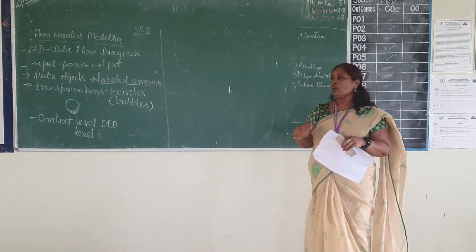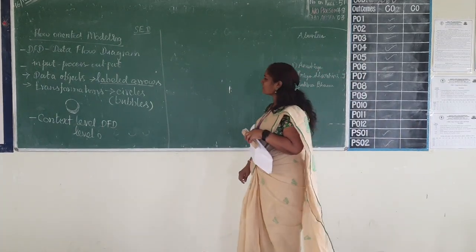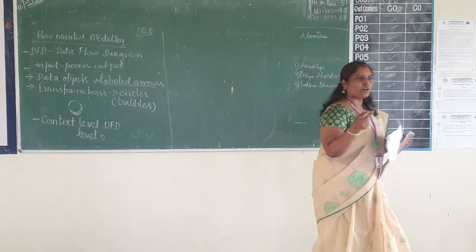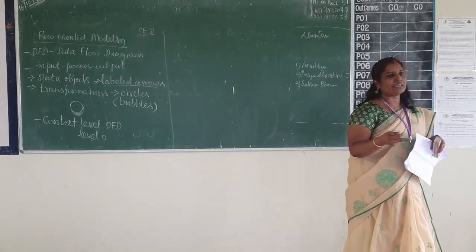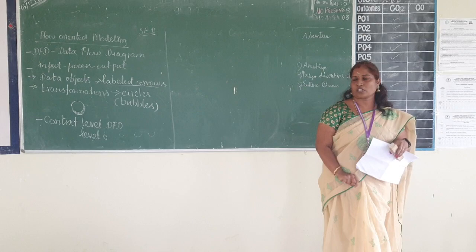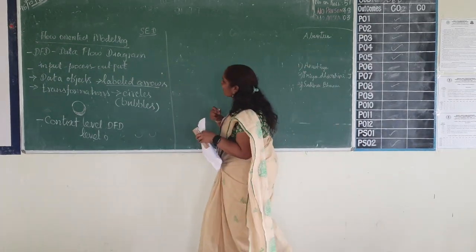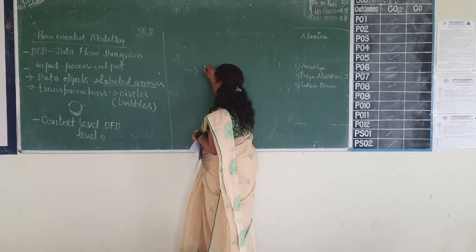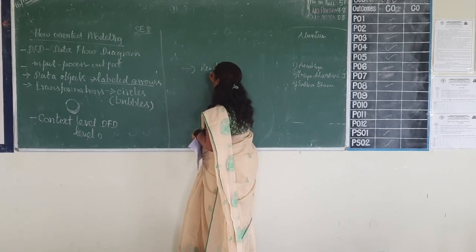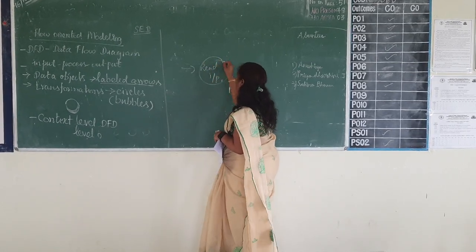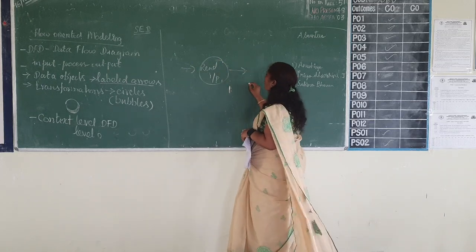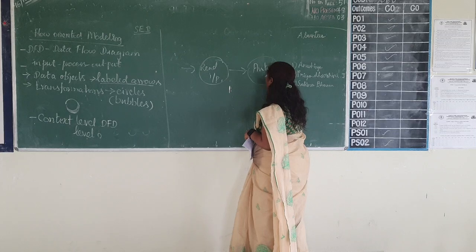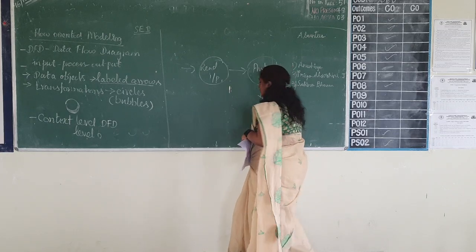Again I will take a very simple example only. We are doing the automation of the whole institution. To represent that, initially I can just say read input, then I can say automate the entire process, and then automated output.